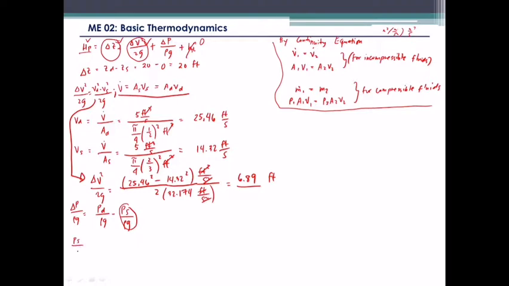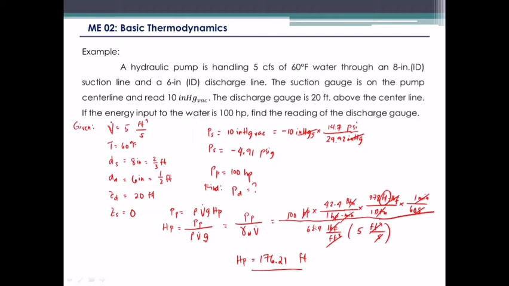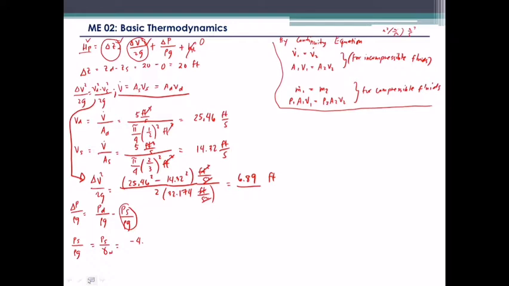PS over rho g, where rho g is the gamma of water, is negative 4.91 psi, pound force per square inch, over the gamma of water, 62.4 pound force per cubic feet.